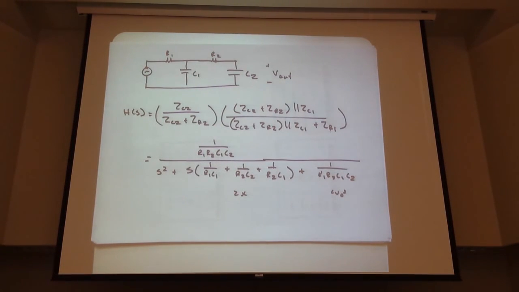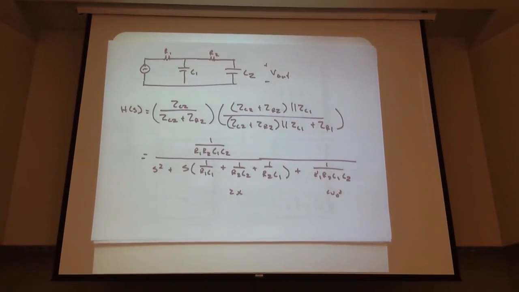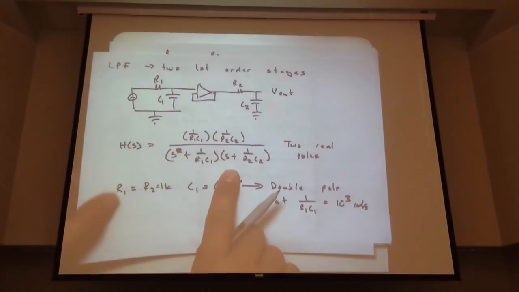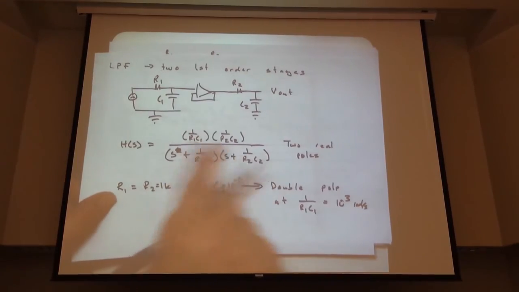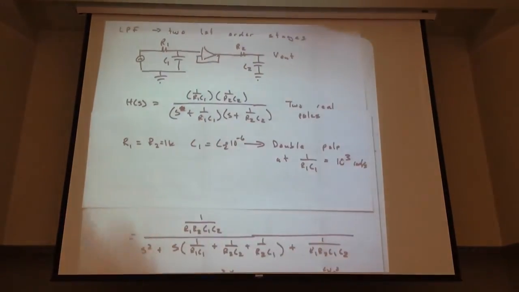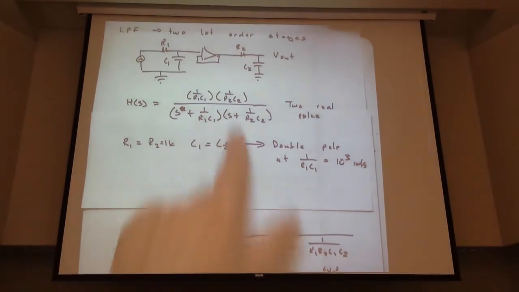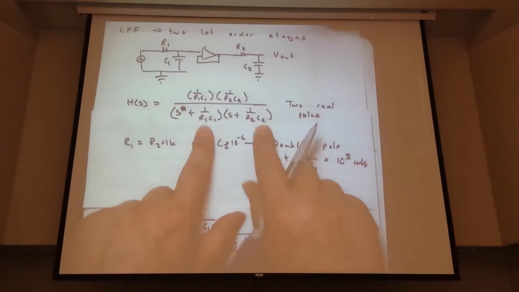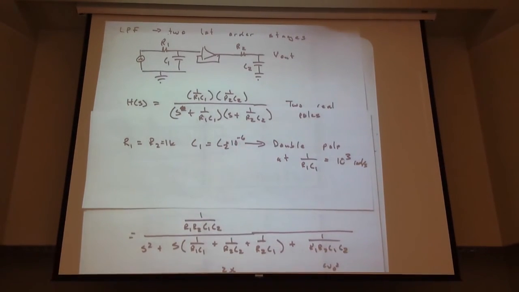If we think about this, here's the transfer function without the voltage follower, and here's the transfer function with the voltage follower. Not so dissimilar. The numerator is certainly the same. And when we multiply our 1 over R1 R2 C1 C2, we get an S squared in the denominator. The omega naught squared is going to wind up being the same. But this middle term is a little bit different.